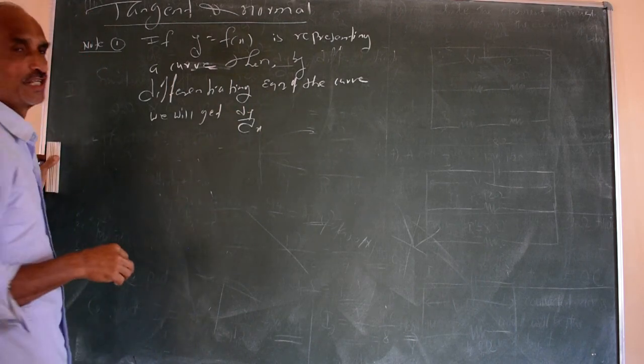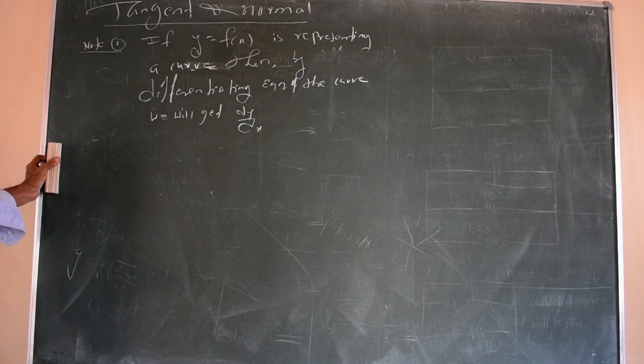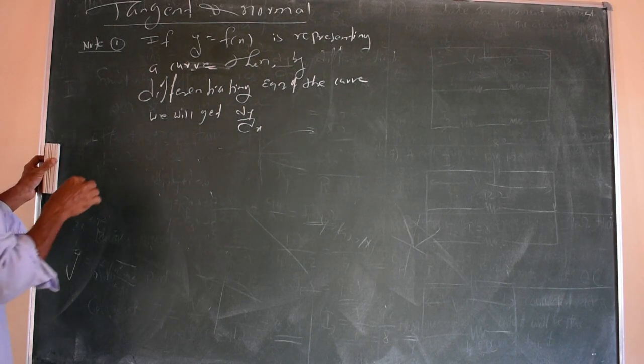This dy by dx represents the slope of the curve at all the points.